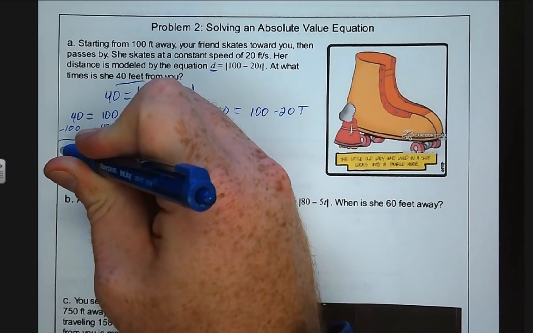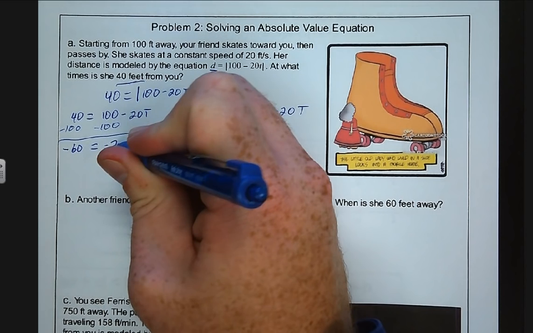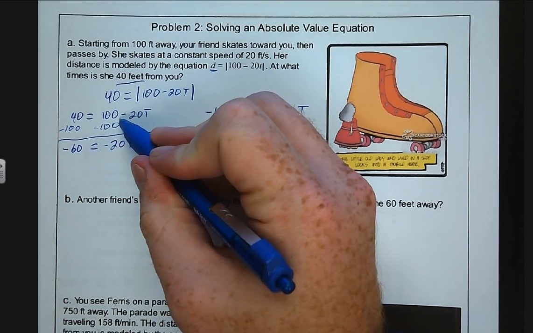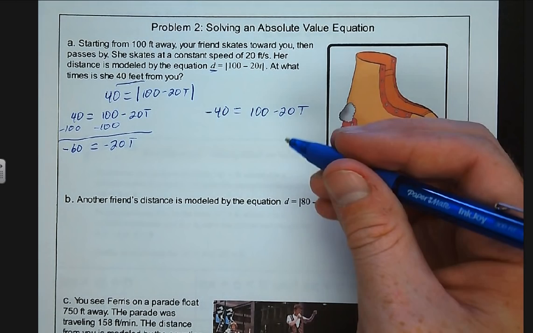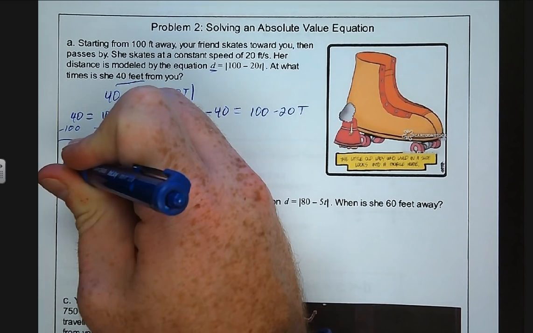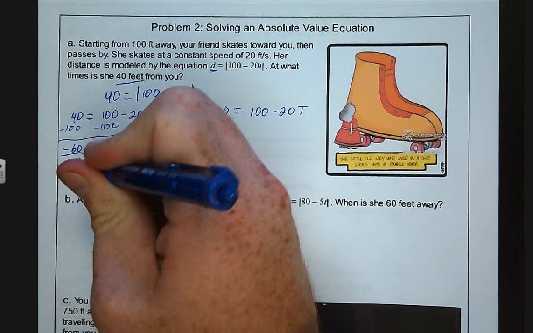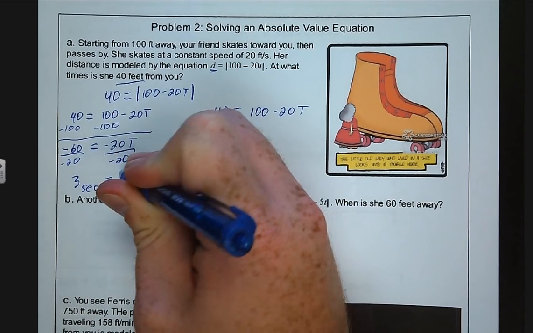So we have negative 60 is equal to negative 20t. Do not forget that that negative sign comes down with the 20. The sign in front of a number is connected to it. Divide both sides by negative 20. And we have 3 seconds is equal to t.